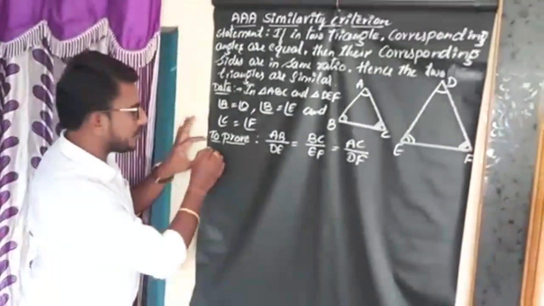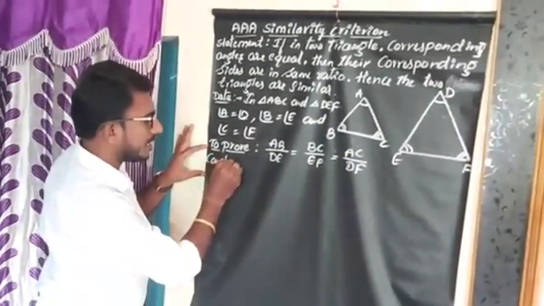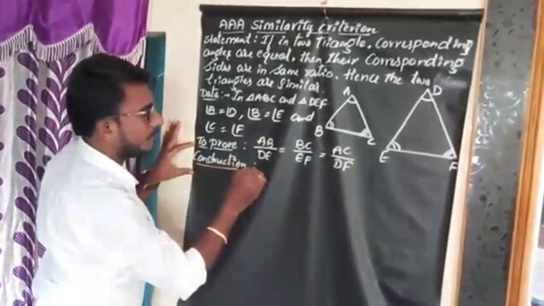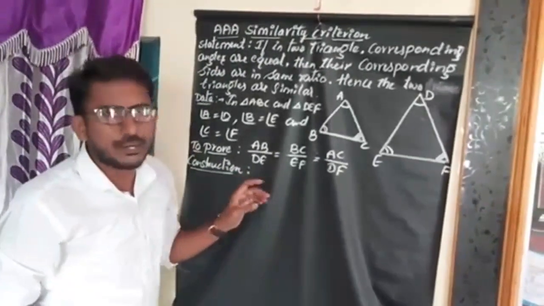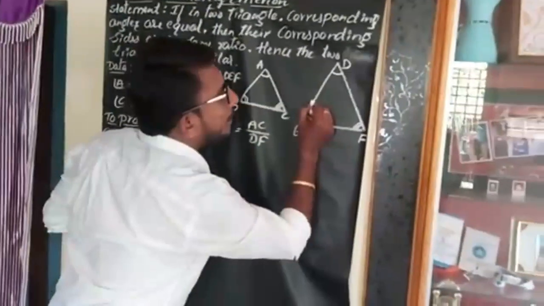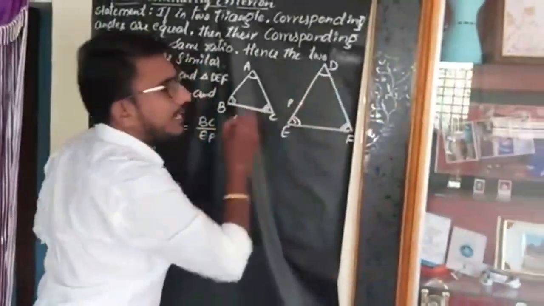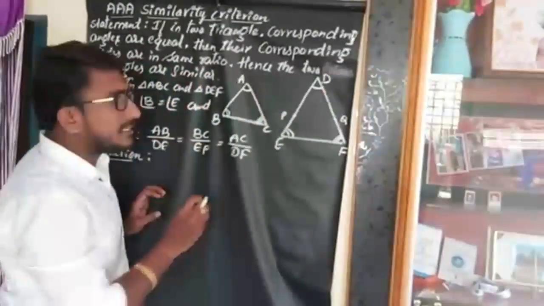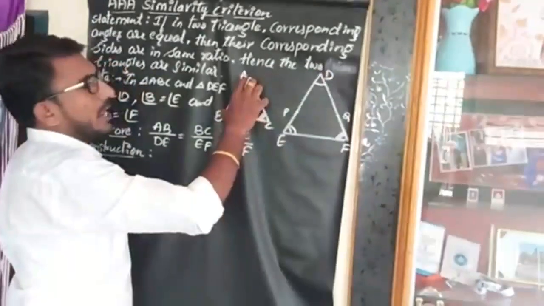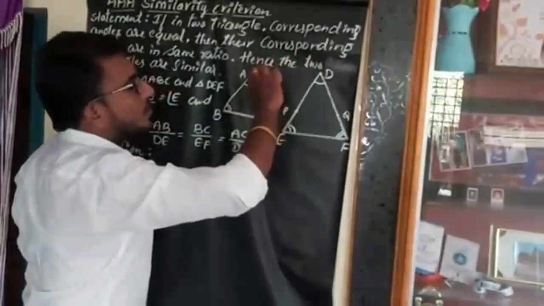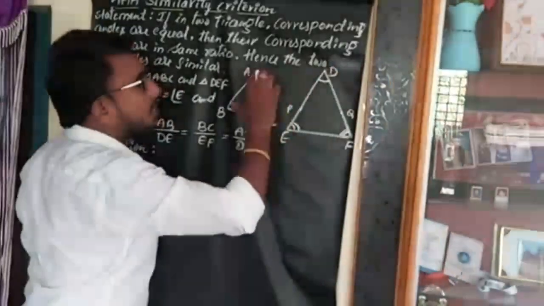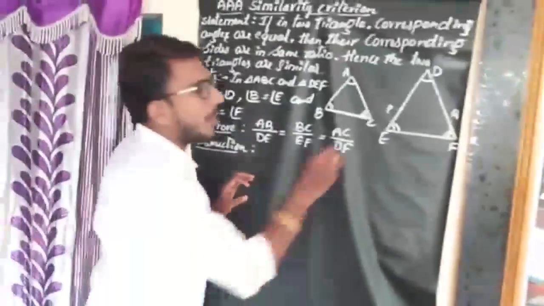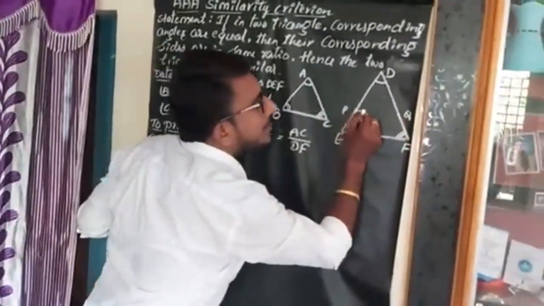First we need a construction. So let's see the construction. Here I will mark some point P on DE and Q on DF such that DP is equal to AB and DQ is equal to AC. Like that I am marking the points P and Q, and then I will join PQ.